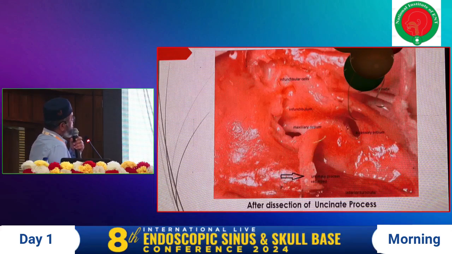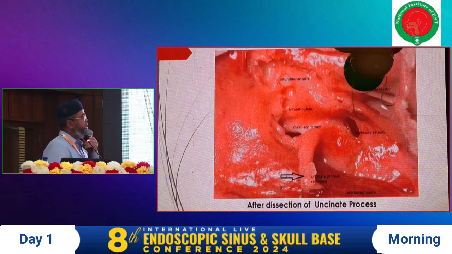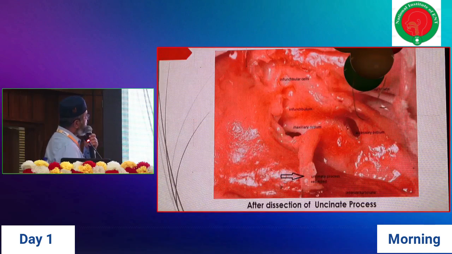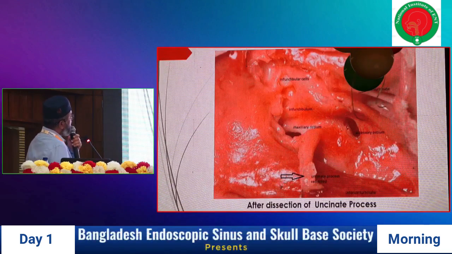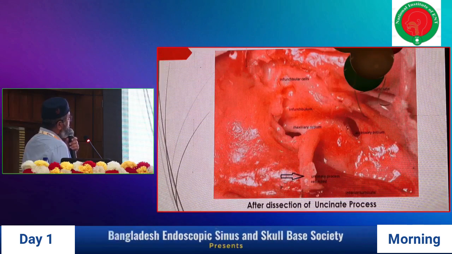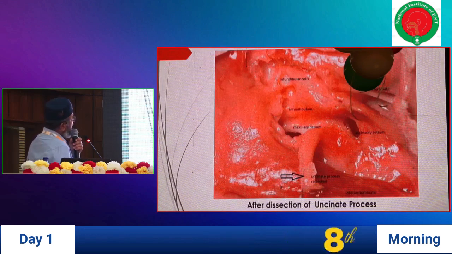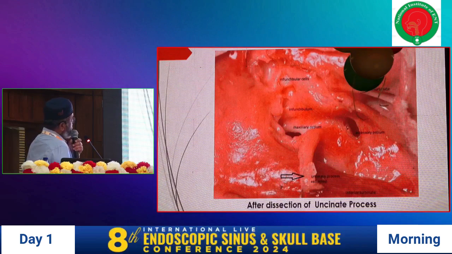After dissection of the uncinate process, we can study the lateral structures clearly, and mainly we can see the maxillary ostium, which is oval in shape. This ostium is formed by different bones and intervening mucosa.